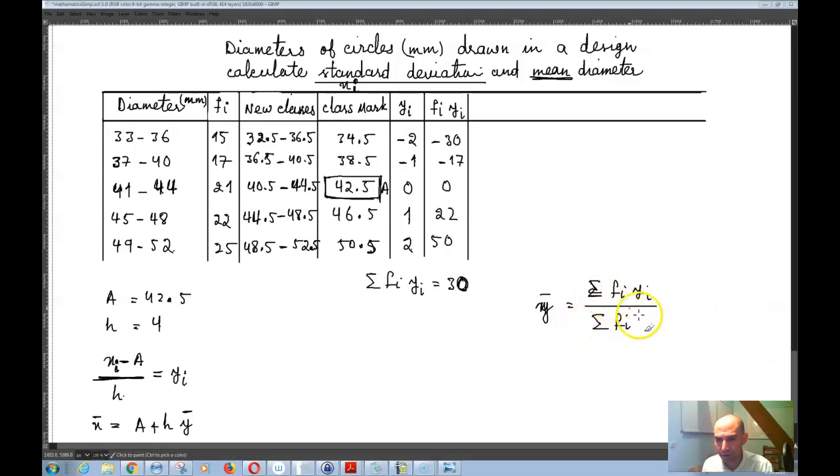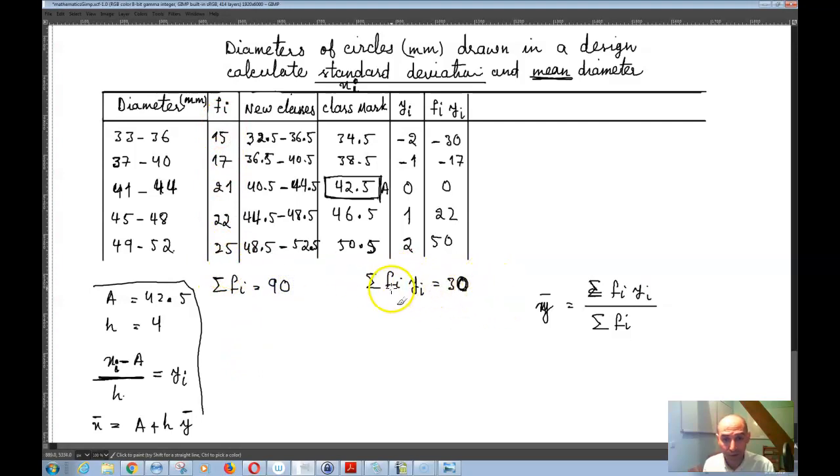Over here I have sigma f of i, which I can calculate from here. Sigma f of i is all of these numbers added together: 10 and 12 is 22, 42, 43, 63, 65, 85, and 90. So the sum of these numbers is 90.